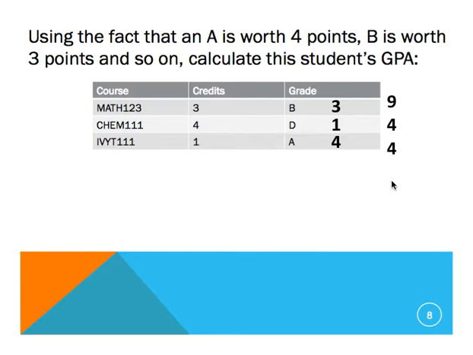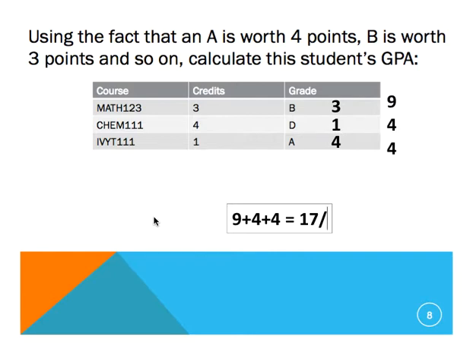And then all we have to do is add those things together. So I take the 9 plus the 4 plus the 4, and if I do 9 plus 4, I end up with 17. So that tells me that they earned 17 total points. And then we have to divide, in this case, by the number of credit hours, because our credit hours are our weights.